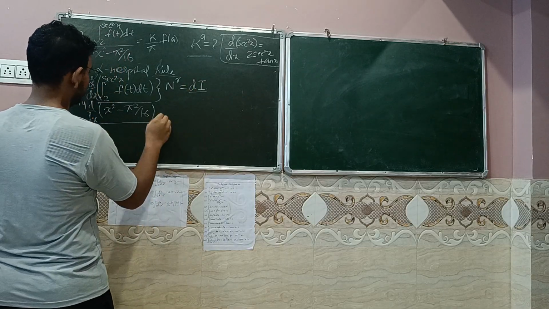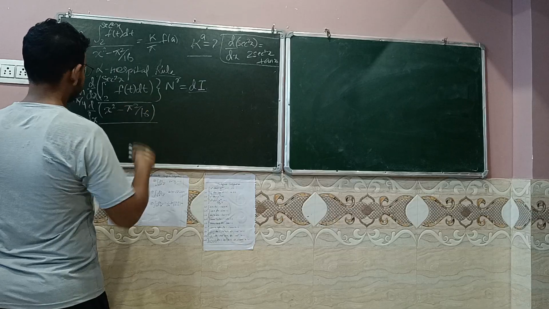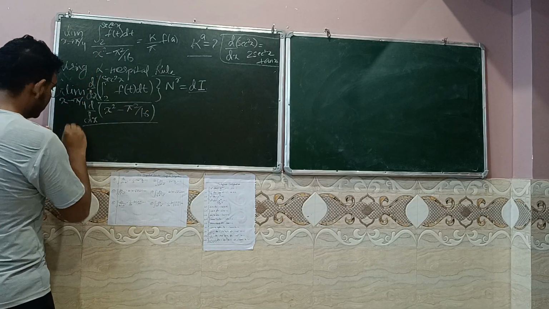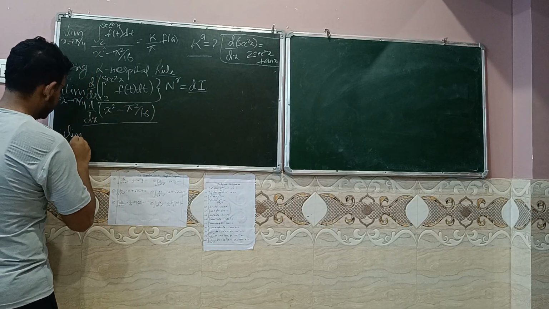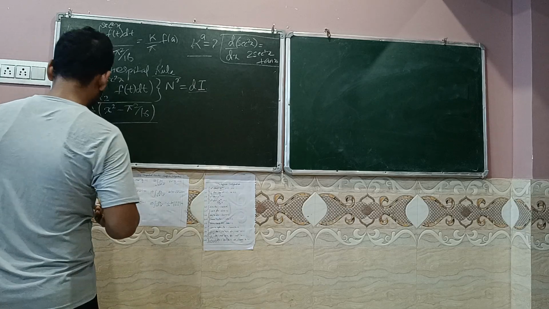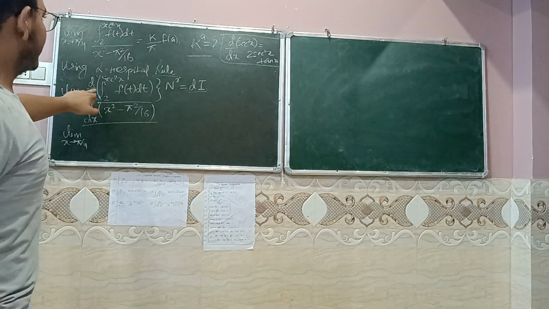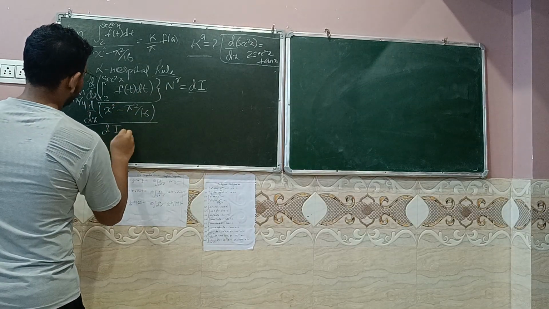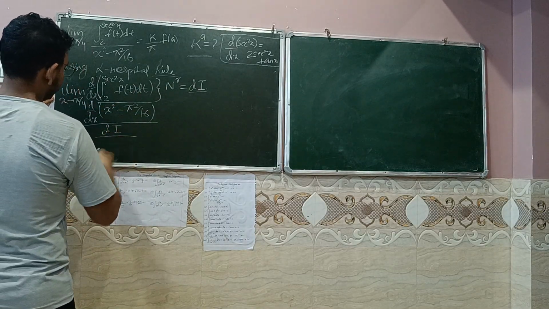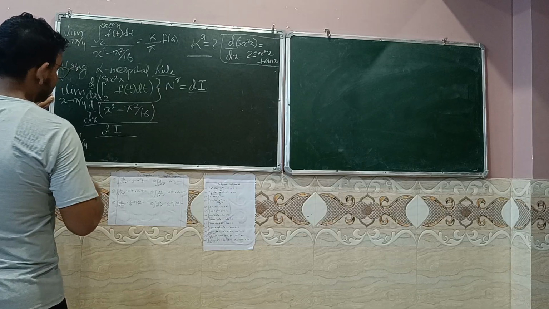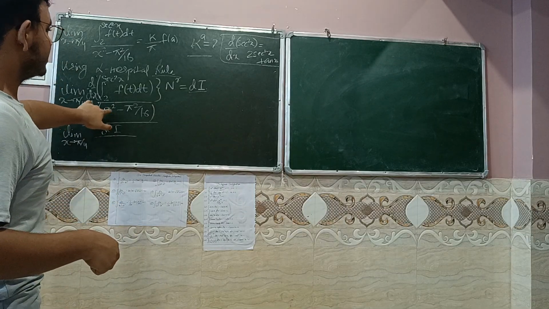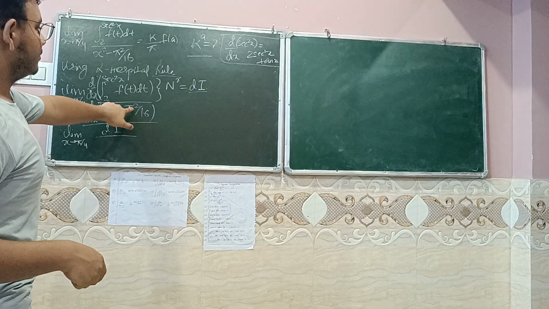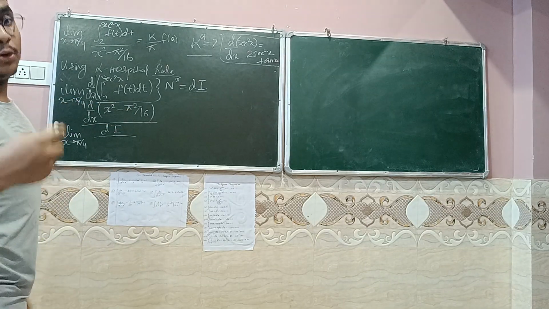And this thing is just 2x. So in the denominator we will have our limit like this. I took this thing as dI, so I will write dI over here, and in the numerator we will have dI, and in the denominator we will have 2x, because the derivative of the constant is 0.